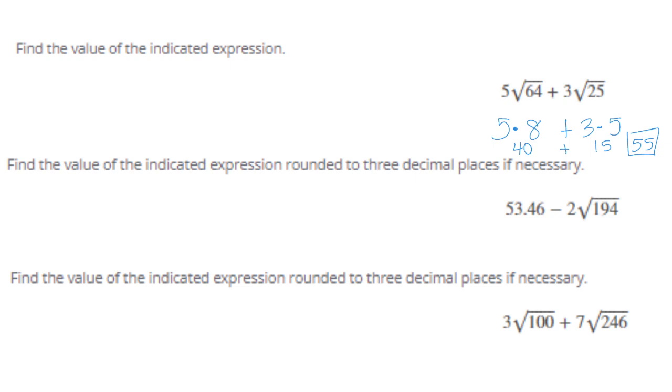All right, so what I'm going to do then is clear that and start over, because I'm just going to put this in my calculator as 53.46 subtract 2, and you have to hit times here, and now I'm ready for that square root.